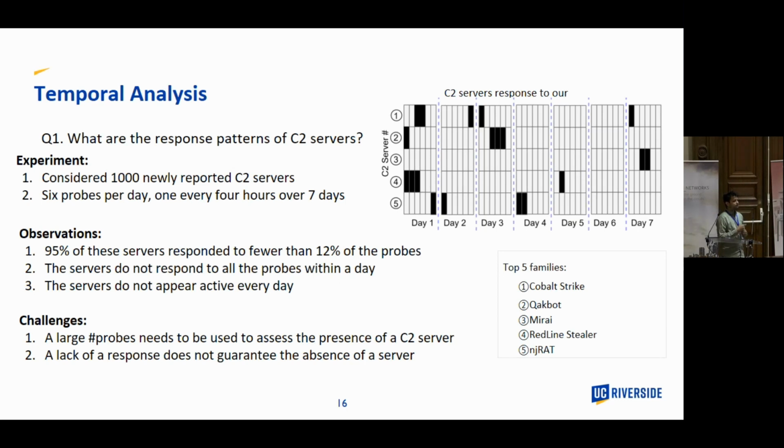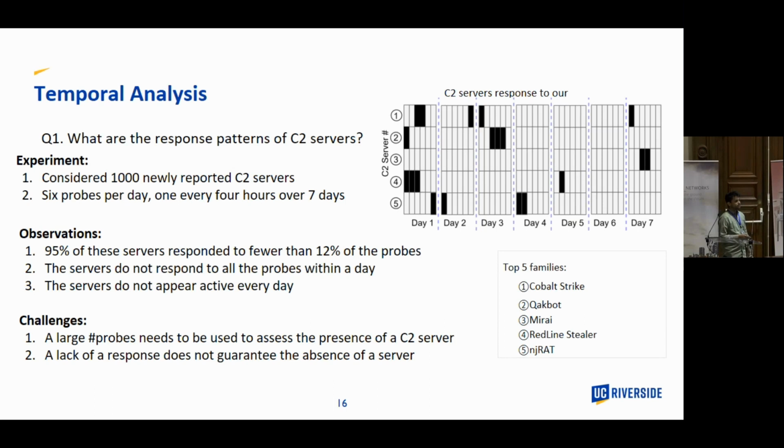What we found is 95% of these servers do not respond, or only respond to 12% of the probes that we have sent. What we understood is that C2 servers do not respond to all probes within a day, so they are not active within a particular time in a day, or they are not active every day.